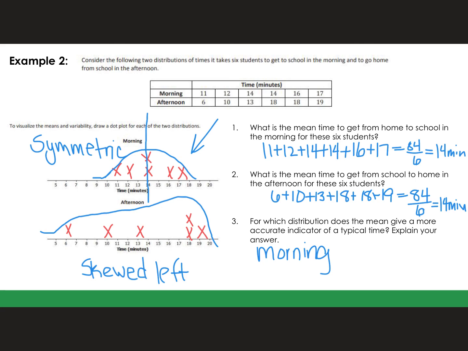Sometimes the mean isn't the best way to show one center for our data. These are the things we'll look at with distribution, and we'll determine which measure of center we should use to sum it all up.